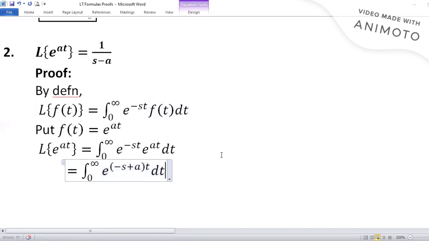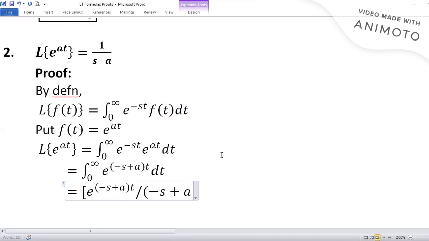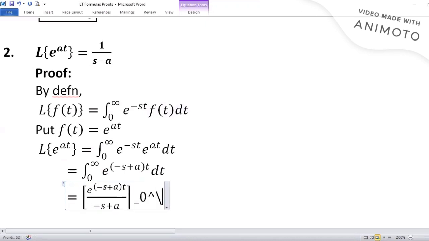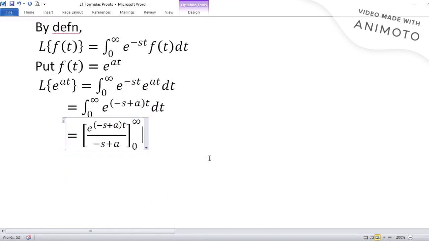So we can integrate them: e raised to minus (s plus a) t has as its integration answer e raised to the same minus (s plus a) t divided by minus (s plus a), with the same limits 0 to infinity. When I put the first limit, it becomes e raised to minus infinity and denominator minus (s plus a).